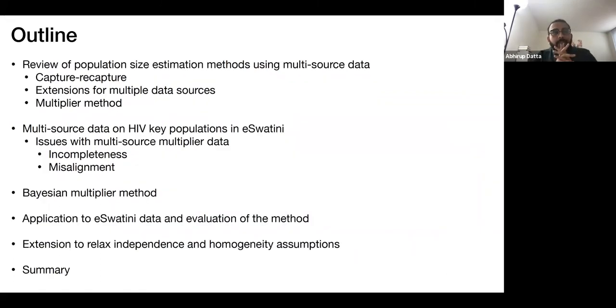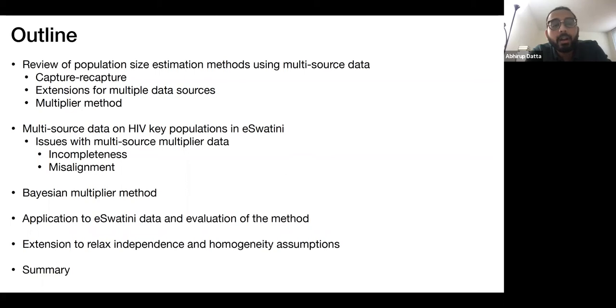Okay, so just an outline of what I'm going to be talking about today. So I'll review some of the methods for population size estimation using multi-source data. In particular, I'll talk about the capture recapture, which is a very established and familiar method to many people. And I'll talk about extensions of cap recap for multiple data sources. And then I'll introduce the multiplier method, which is often used in the context of some hidden or stigmatized populations.